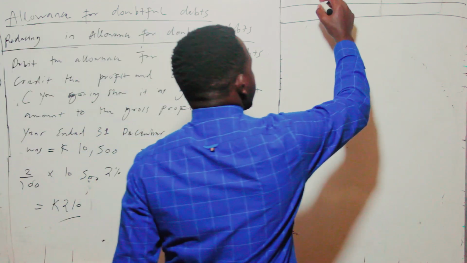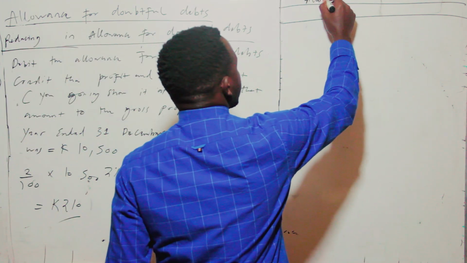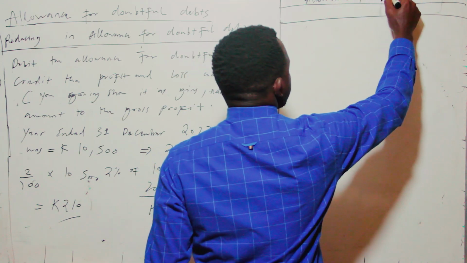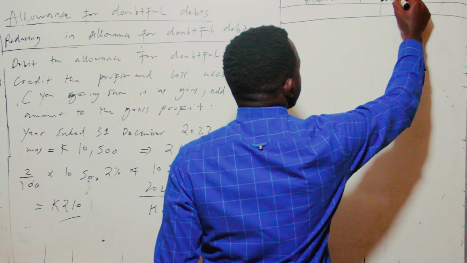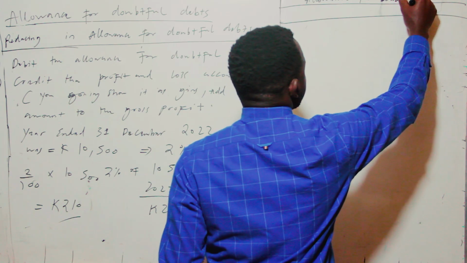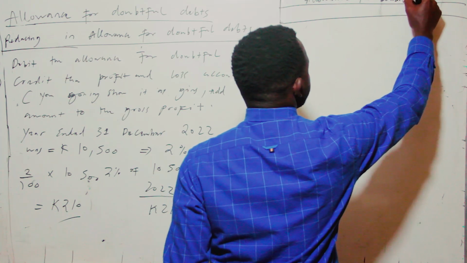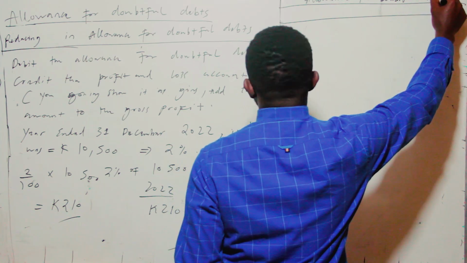So we're going to say allowance for doubtful debts.